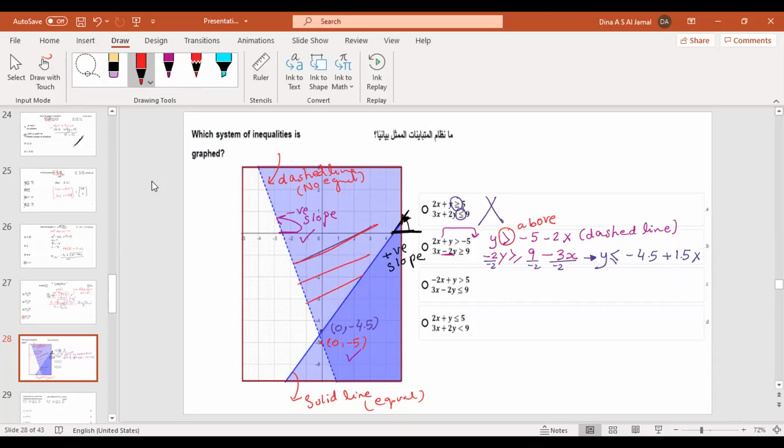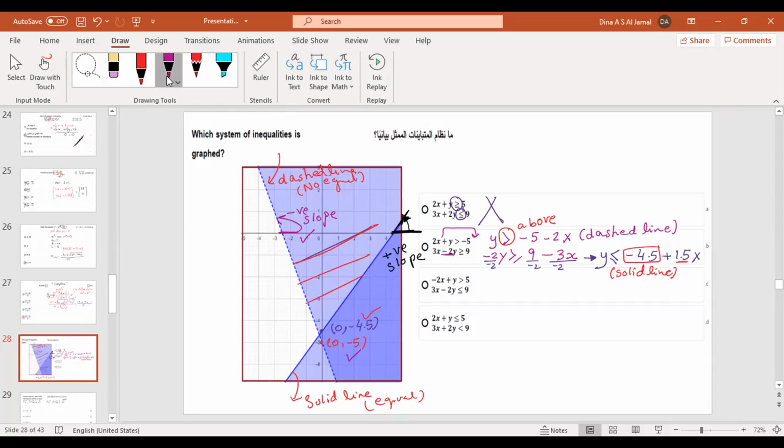Good. Now let's check this one. I have a positive slope, as I assumed for the solid line. Here, this is for the solid line. And I have a y-intercept of minus 4.5, as I assumed and as I got from the graph.